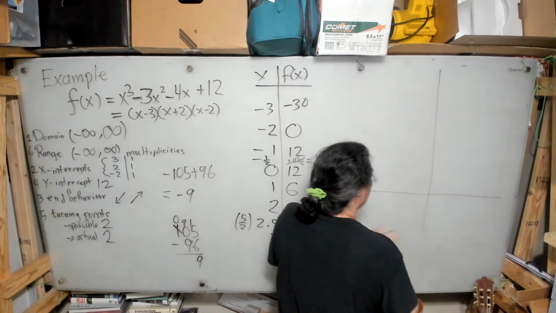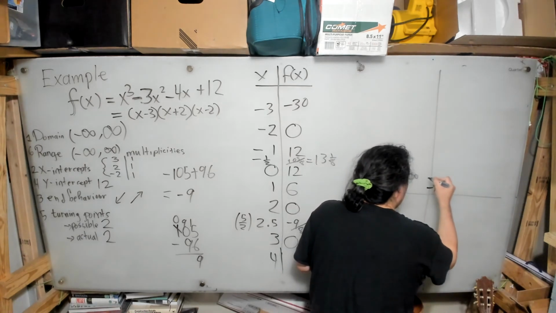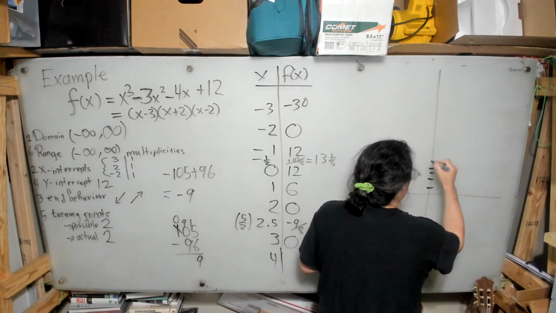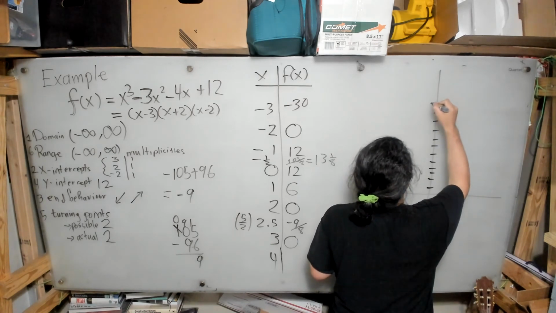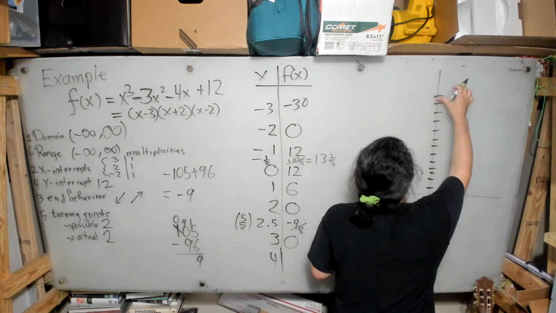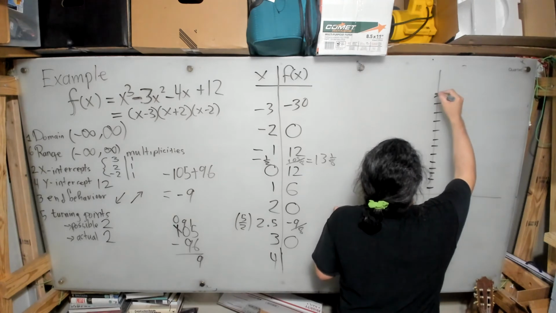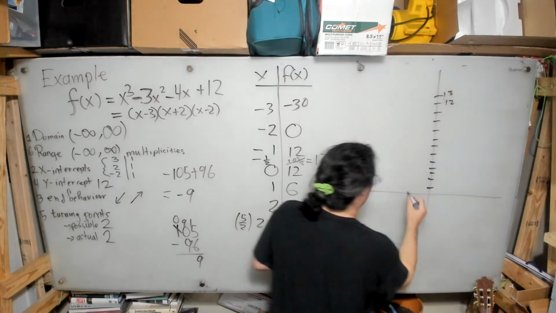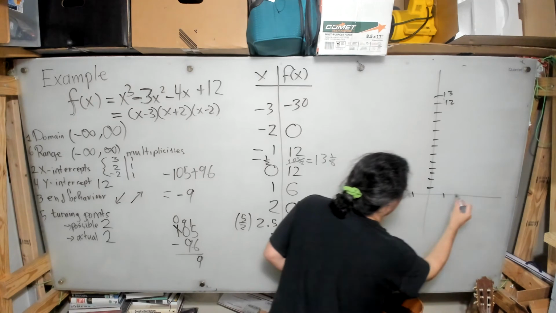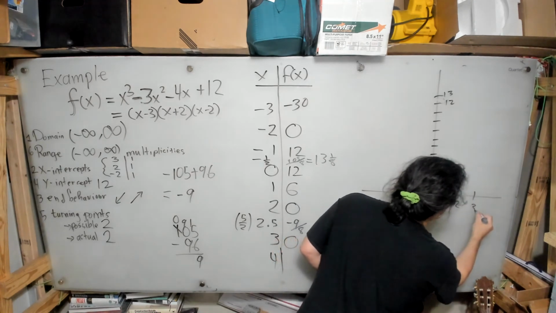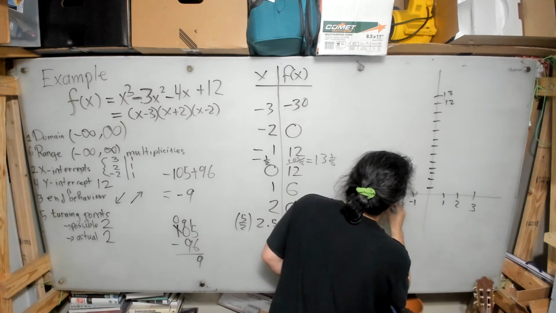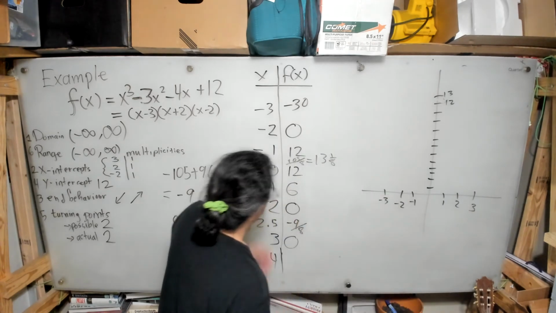So let's do that here. 1, 2, 3, 4, 5, 6, 7, 8, 9, 10, 11, 12. This is going to be the 12, and that's going to be the 13, right? On the x-axis, -2, -1, 1, 2, let's say 3, and then let's say -3. And now we can start plotting.